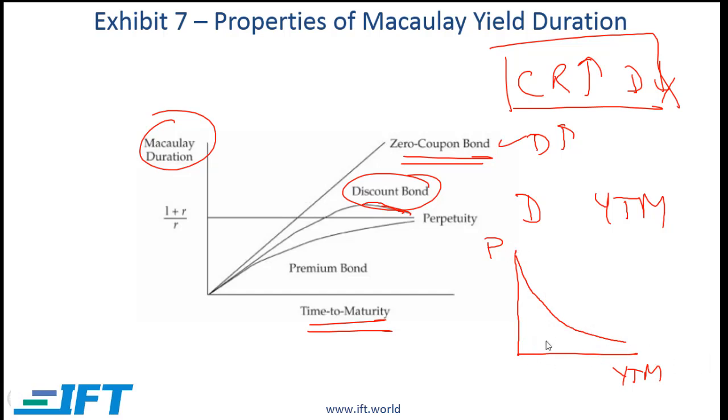Notice that the interest rate sensitivity, which is measured by the slope, is relatively high at low YTMs, and the absolute value of the slope is relatively low when YTM is high. So there is an inverse relationship between YTM and duration. High YTM means relatively low duration and vice versa.